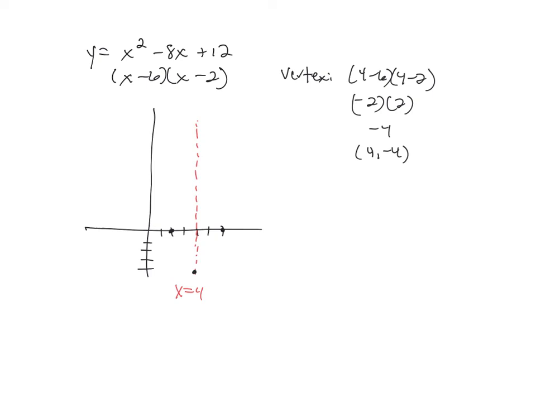I will tell you, and this is a good piece of information, positive 12, so somewhere up here, is the y-intercept, because if I plug in 0 for the other stuff, I'm going to get 12.